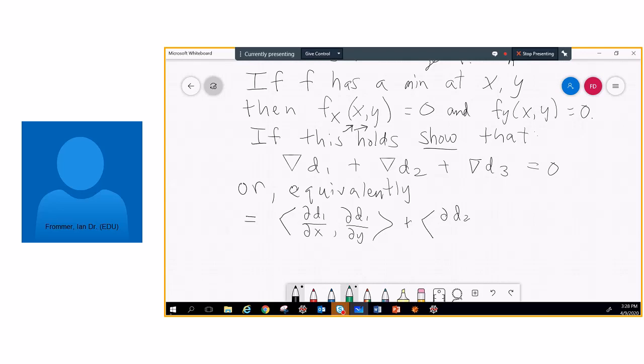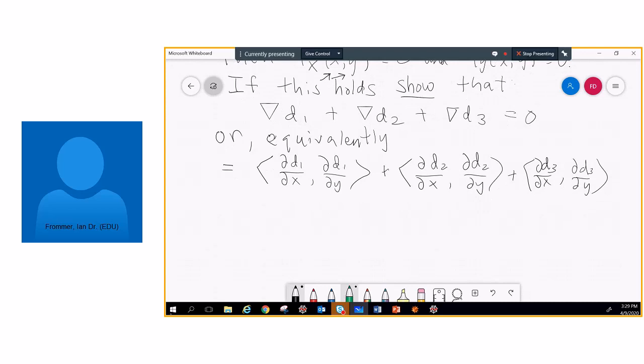So partial d2 with respect to x, comma, partial d2 with respect to y. And finally, partial d3 with respect to x, comma, partial d3 with respect to y. Okay, so that's just the gradient spelled out in component form.